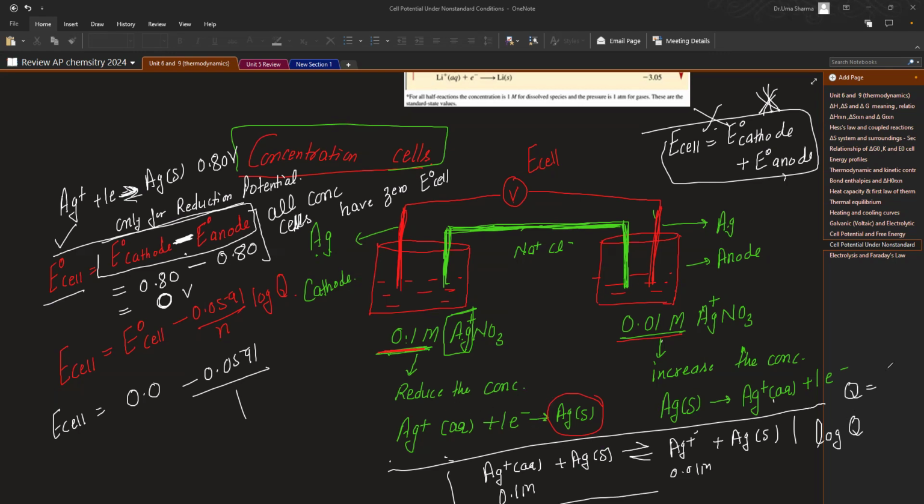So Q is the concentration of silver plus this one over concentration of silver plus this one.